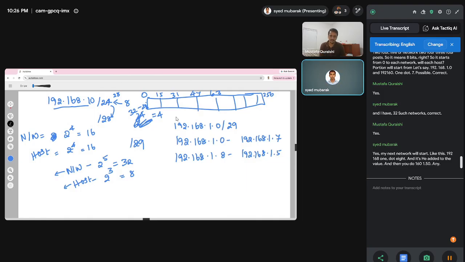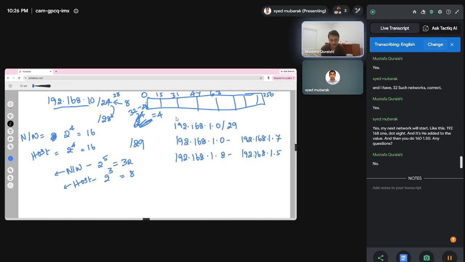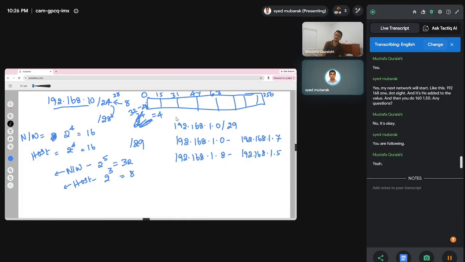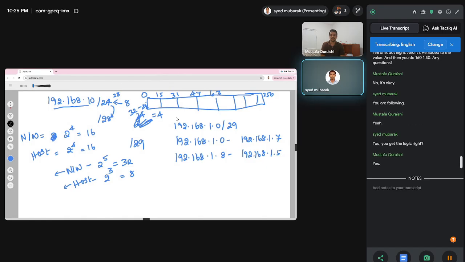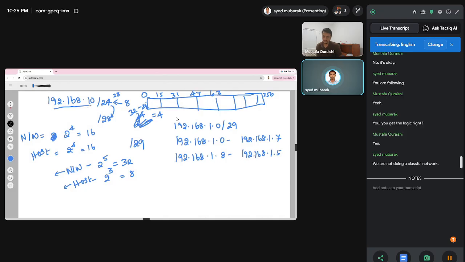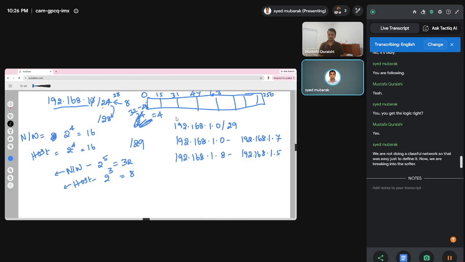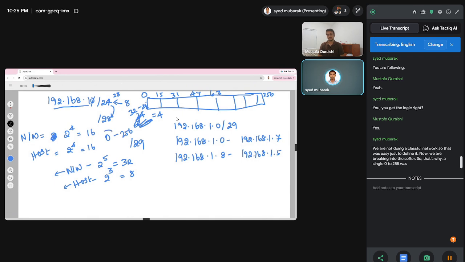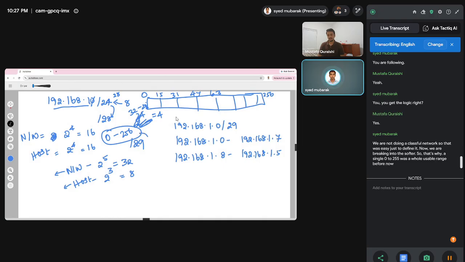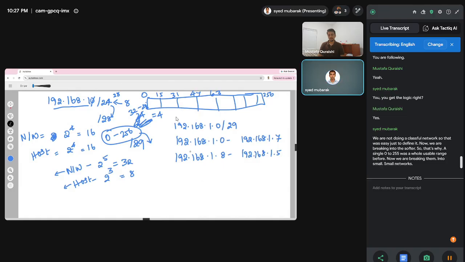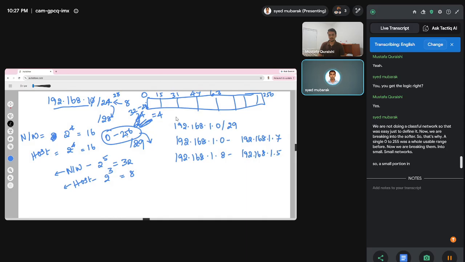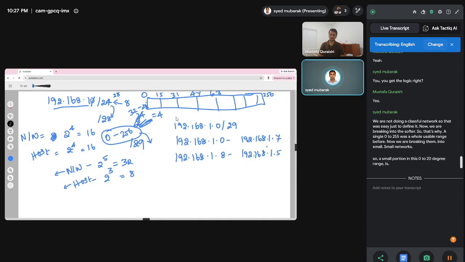Any questions? No, I think it's okay. You get the logic, right? Yes. We are not doing a classful network, so that was easy to define. Now we are breaking it into smaller networks, so a single 0 to 255 was the whole usable range before. Now a small portion of this 0 to 255 range belongs to one network.